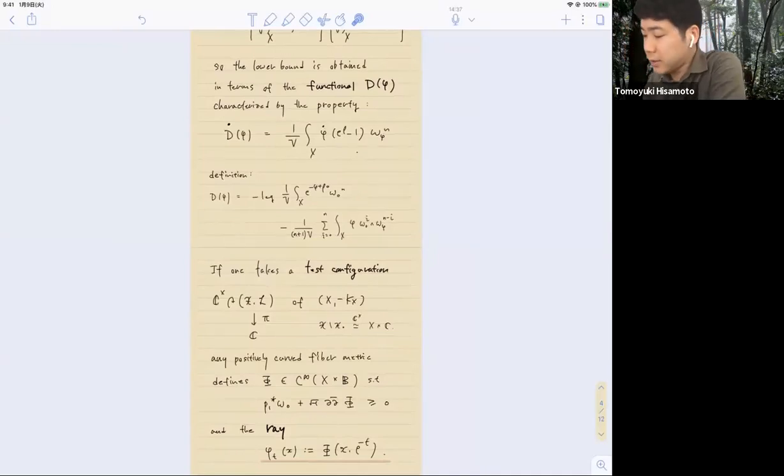So if one takes a test configuration, that's a flat family over the complex line endowed with some C-star section, which makes everything equivariant. And the family is of a given Fano manifold with anti-canonical polarization.